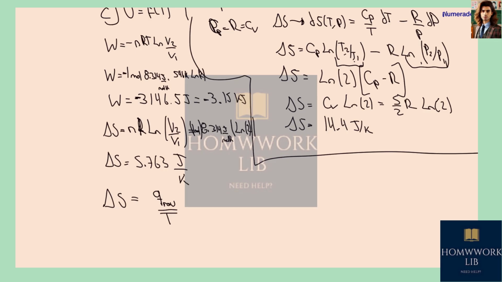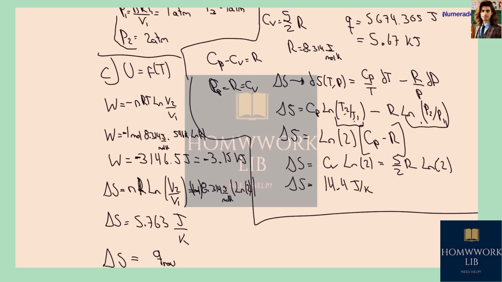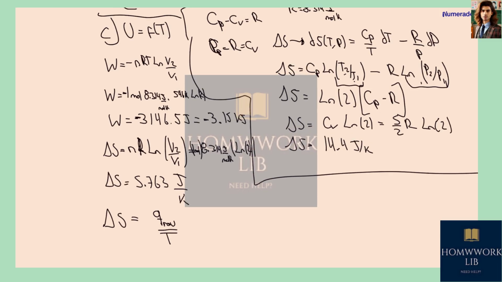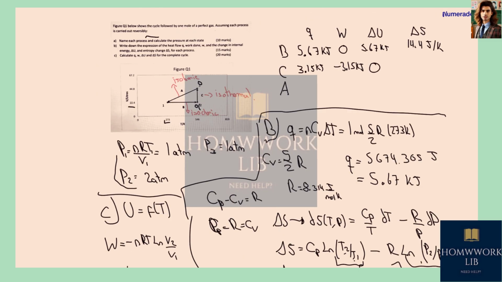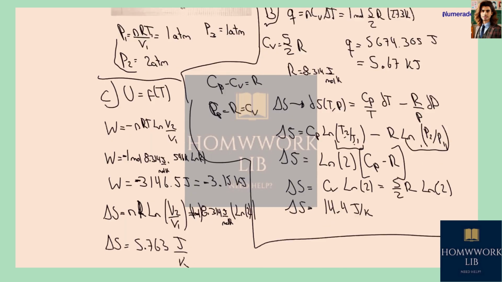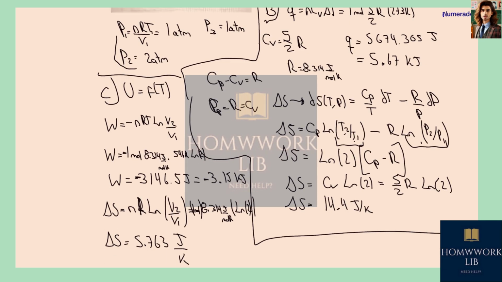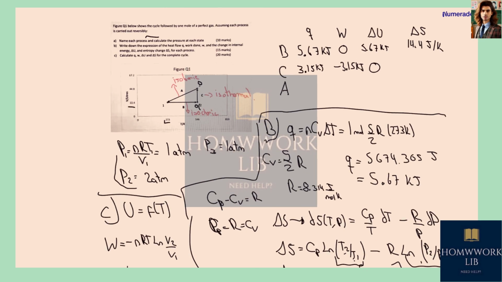And you're going to arrive at exactly the same formula. So the result is exactly the same. If you divide 3.15 by the temperature of 546, you're going to notice that we would get the same result. So we can round it up as 5.8 joules per Kelvin.